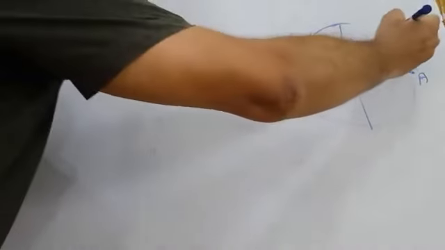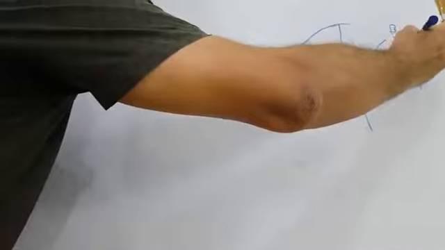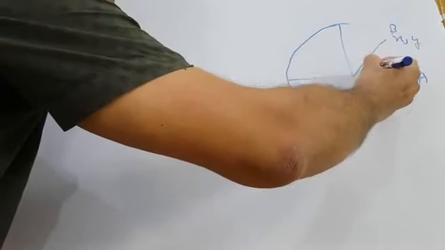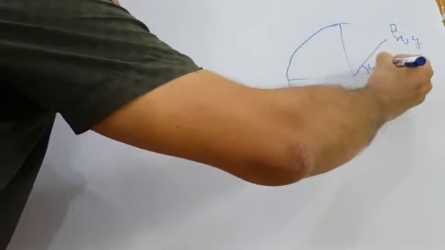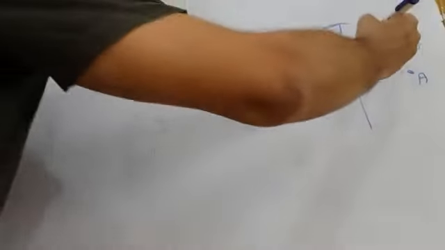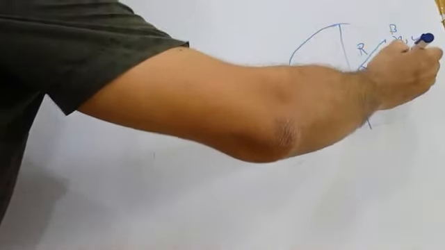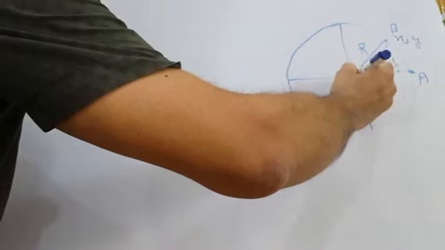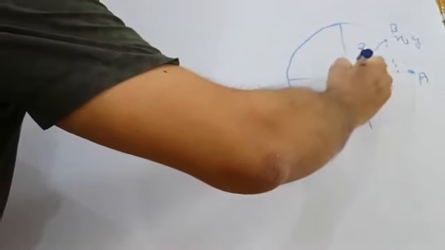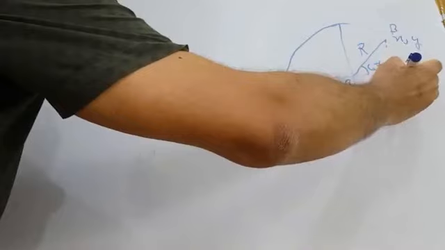After some time, it reaches point B. Coordinates at point B are x and y. This angle is omega t. Omega is angular velocity, so in t time it will travel omega t angle. R is the radius of the circle. From this point draw a perpendicular. Suppose this is the origin O. This point is P.